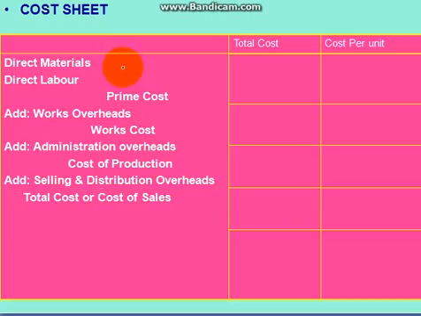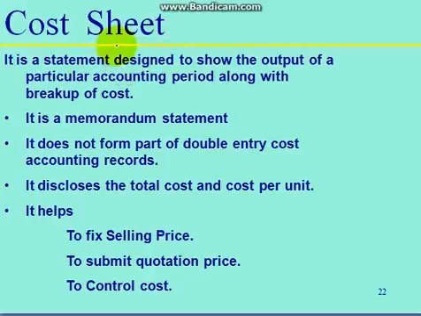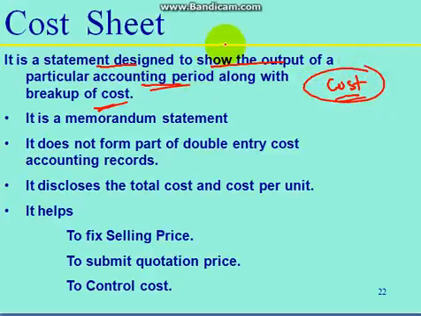And how the cost sheet is produced: it is a system designed to show the output of a particular accounting period with the breakup of the cost. Basically it is designed to show how much output is produced in a particular accounting period, and different breakups are shown.